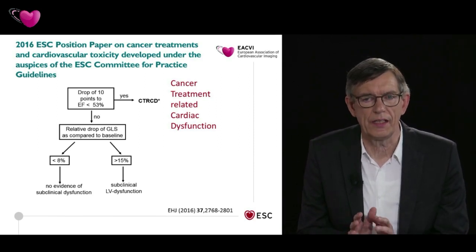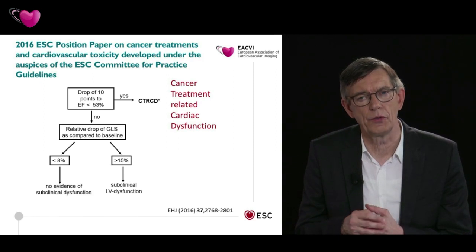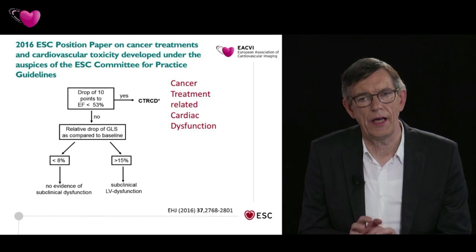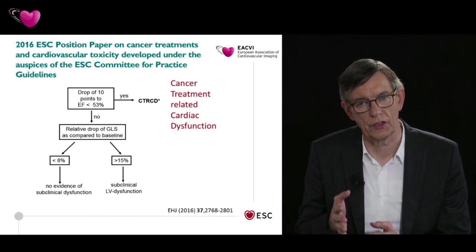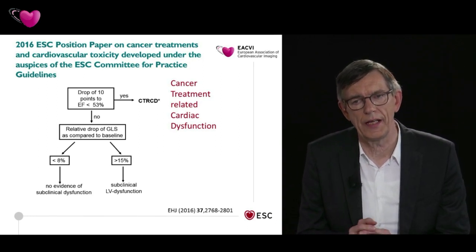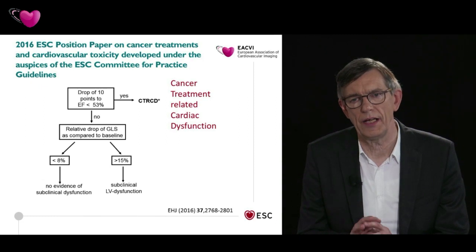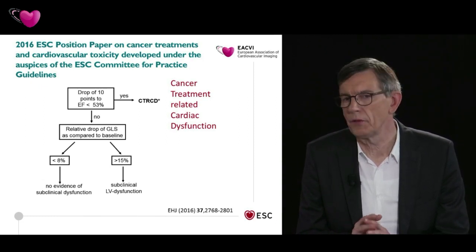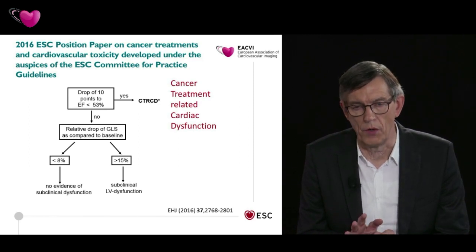These are the reference values for the follow-up of our cancer patients. If we have a drop of 10 points in the ejection fraction to less than 53%, then we diagnose cancer treatment-related cardiac dysfunction. In this situation, we don't need GLS anymore.